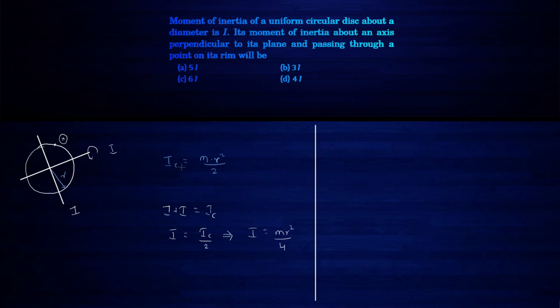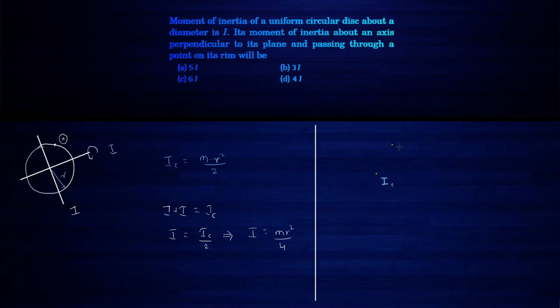Now let's consider, let this be the center, and let this be the point on the rim of the disk through which an axis is going. So we need to find the moment of inertia about the axis going through this point.